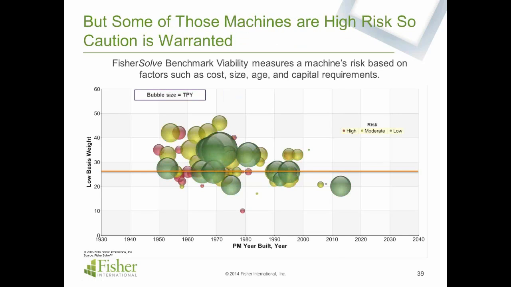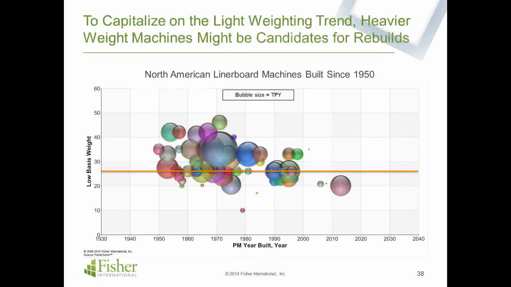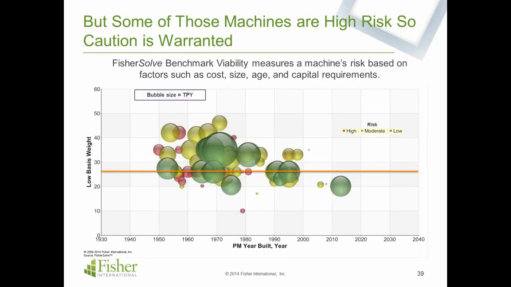But back to this notion of considering whether that's a good idea all the time and considering the risk associated with the machines. So same chart, I've just colored the bubbles differently now to reflect the risk of those individual paper machines using our benchmark viability tool. So these machines that are colored in red, those are high risk machines. The yellow ones are moderate risk and the green ones are low risk.